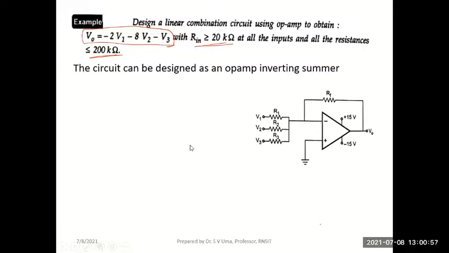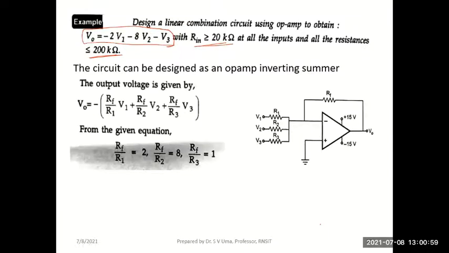What would be the expression for output voltage? The expression for output voltage we have already derived. It will be minus RF by R1 into V1, RF by R2 into V2, RF by R3 into V3. So the negative of all these three voltages.